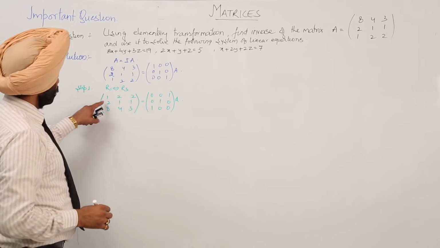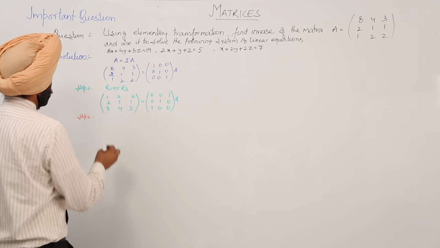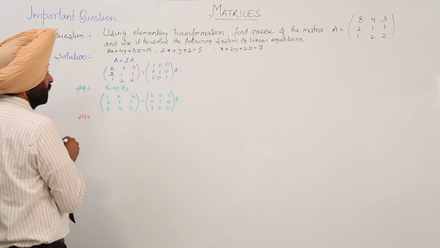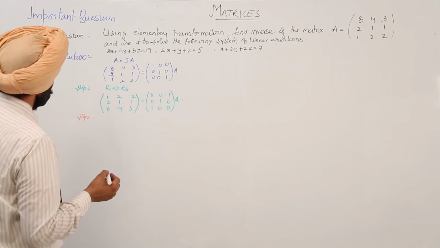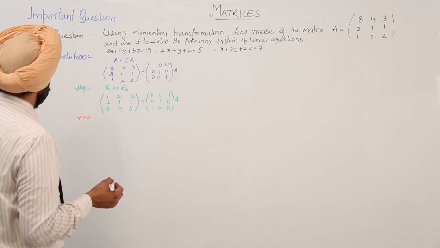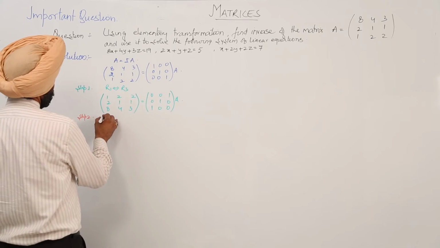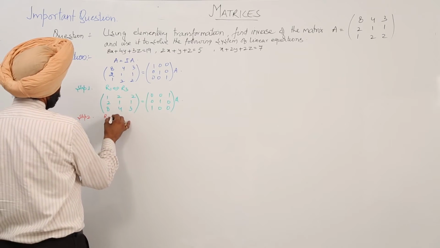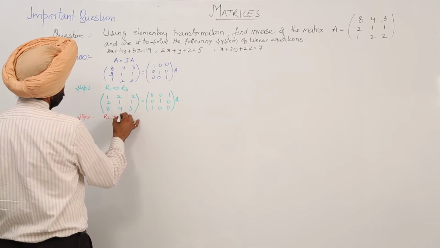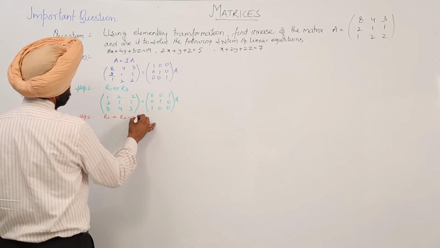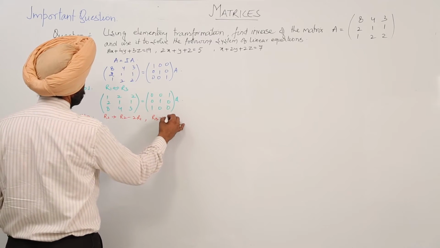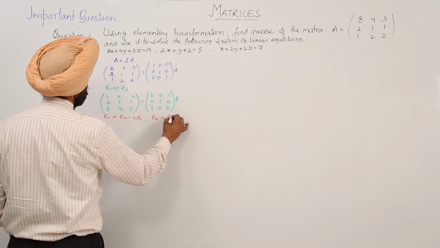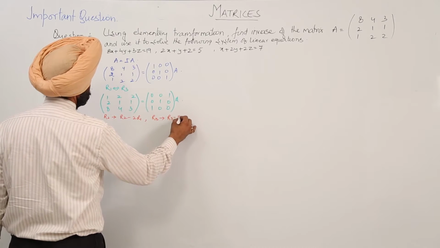Now what we have to do, we have to make A21 0. So we can go directly for step 2 and step 3. Now R2 approaches to R2 minus 2 R1 and R3 approaches to R3 minus 8 R1.